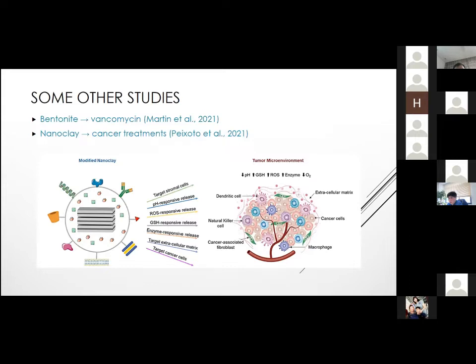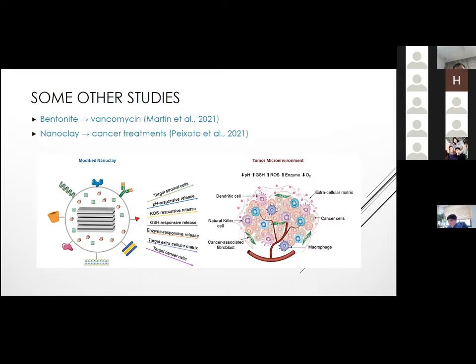We can see that by combining the clay with biomaterials such as enzyme, antibody, or natural polymer, and so on, we can get responsive materials. So by combining this clay with, like, antibody and so on, we can make these materials to be pH responsive, ROS responsive, and so on.